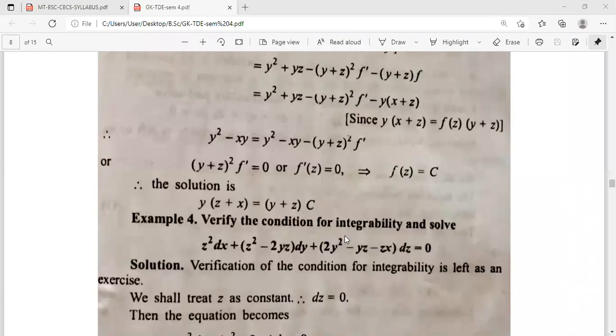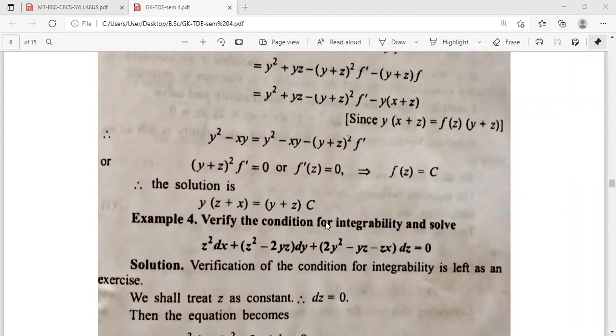After integrating, you get the integral constant, which you replace by the function of z. After getting that, you have to further differentiate totally with respect to x plus z, and compare the coefficients of dx dy dz in the given equation as well as the equation that we got by differentiating totally, so that you get the equation involving f of z and z, and you have to find out the value of f of z.